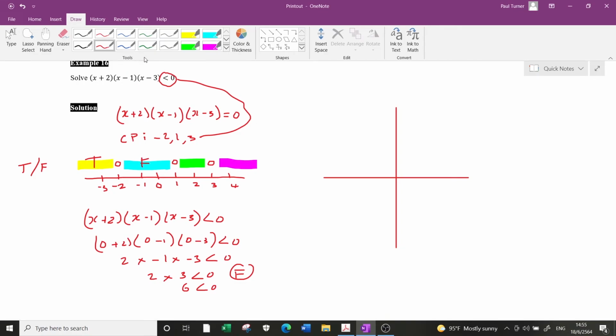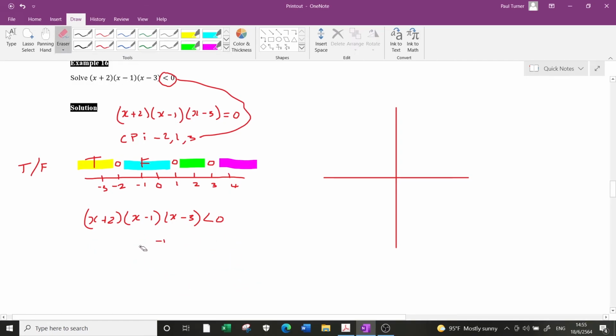Let's do the green. So for green, an easy number here will be 2.